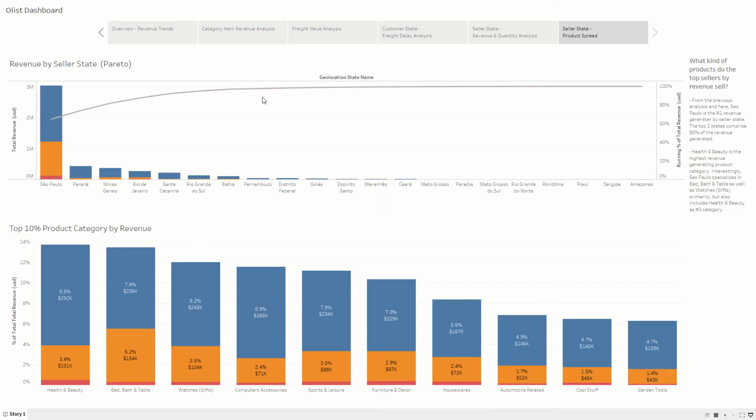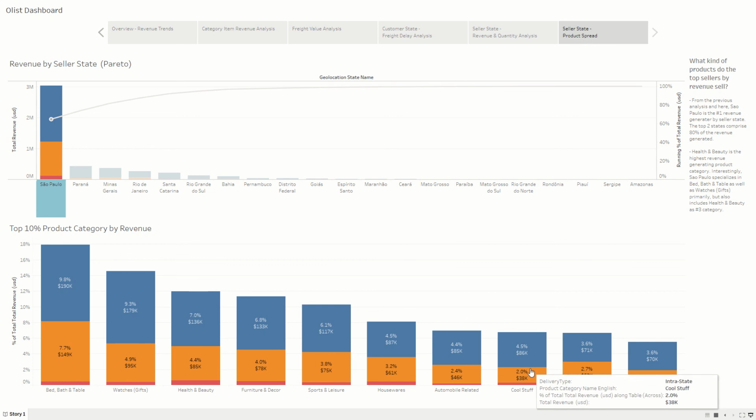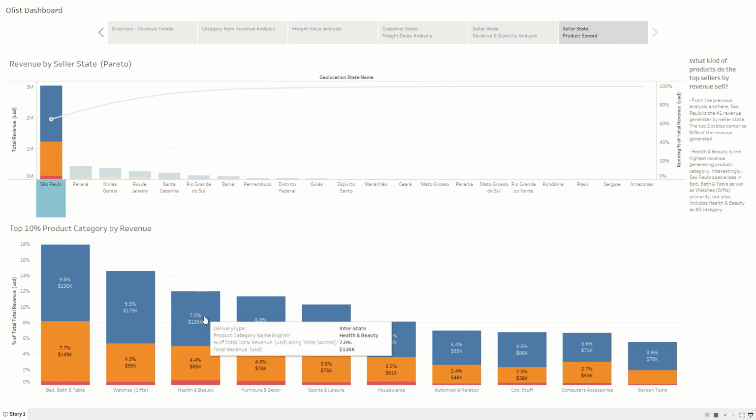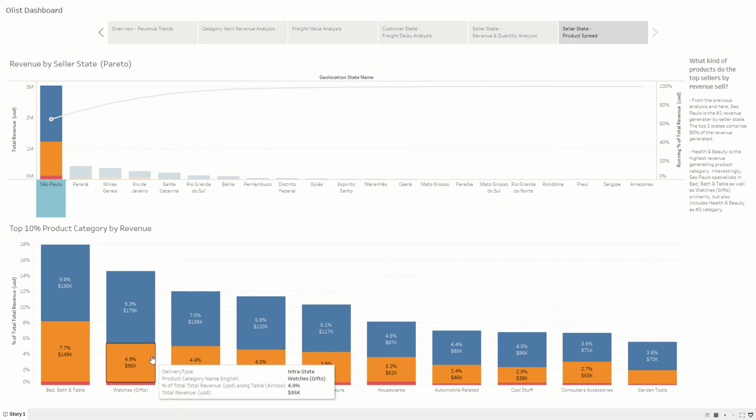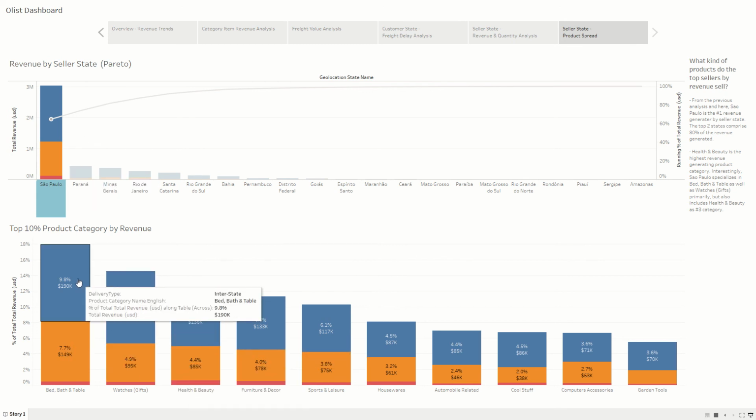For the last graph, it's again on seller state analysis. We're saying within Sao Paulo, for example, what are the top 10 product categories that they specialize in. Each seller actually only produces one product category, but that's a side note.